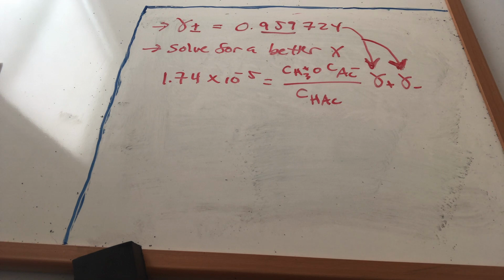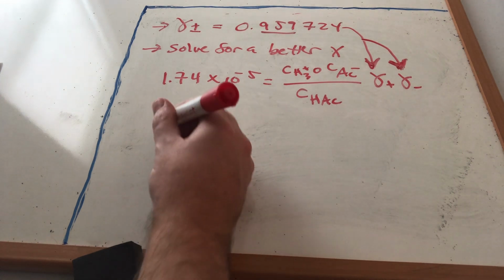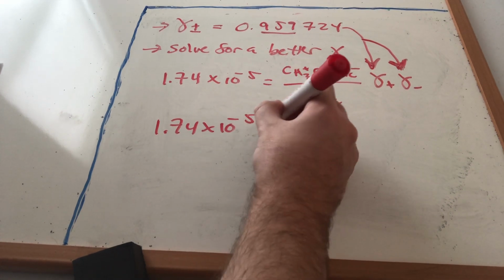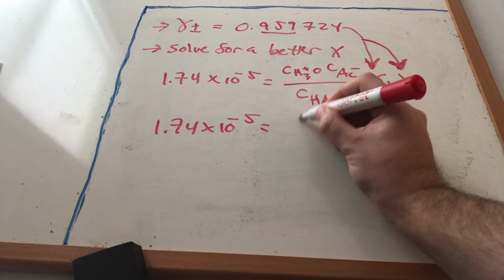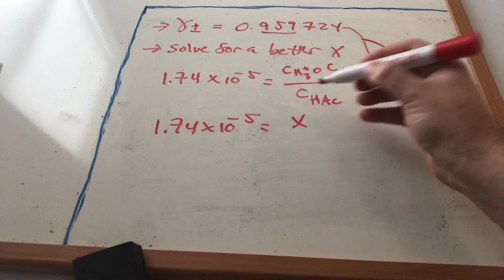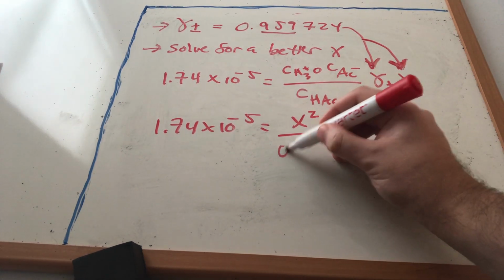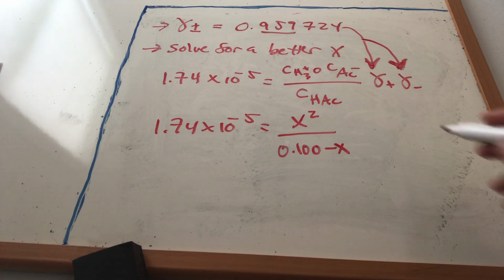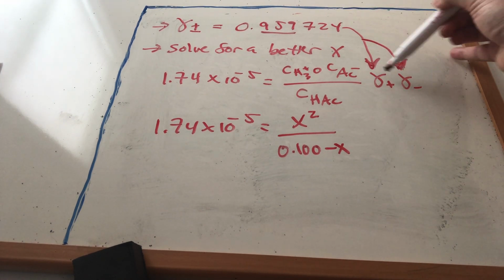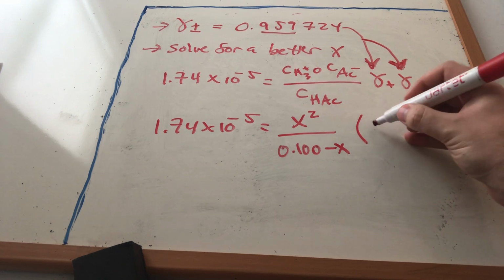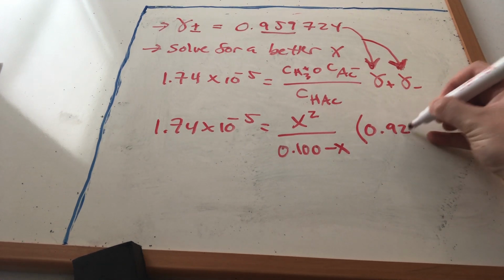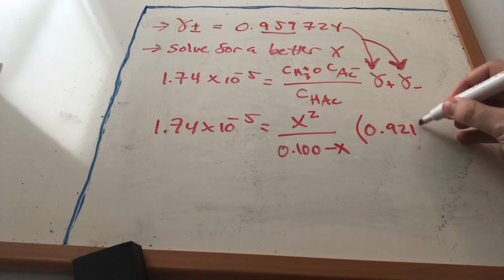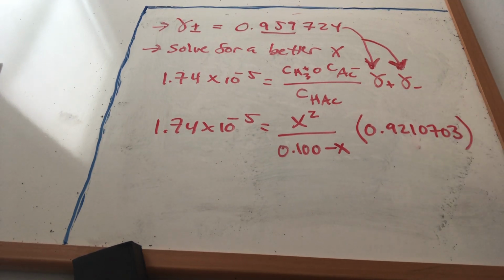So now when I do this, I get 1.74 times 10 to the minus 5 is equal to X times X over 0.100 minus X. This looks like the exact same setup, except now I have gamma plus times gamma minus, and when I do that math, I get 0.9210703.